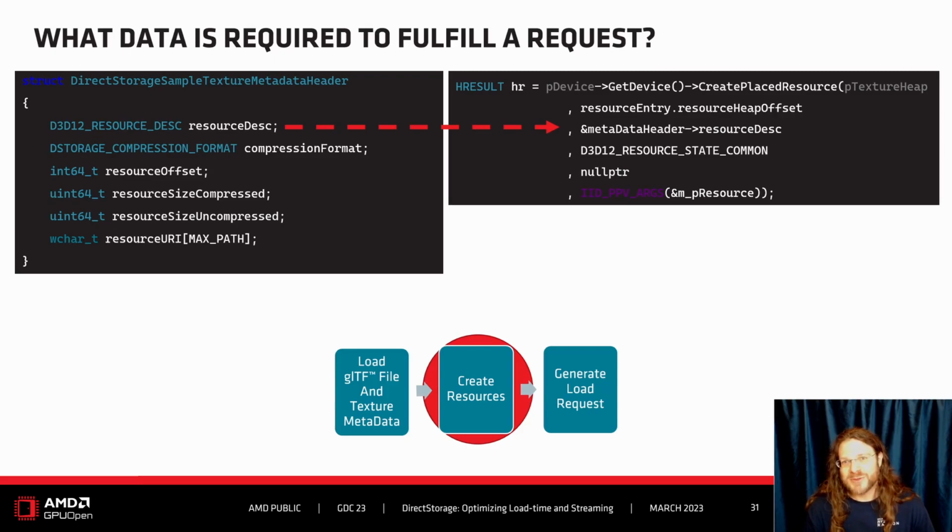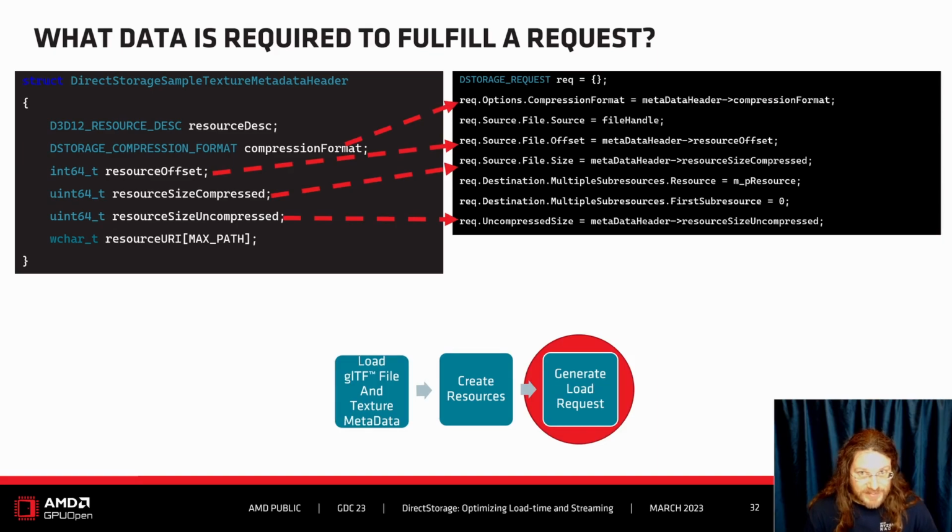The create place resources function takes, for example, a resource desc and the starting state and the heap offset for where we're going to store the data once it has been uploaded. However, we also include the compression format, the resource offset on the disk, the resource size, which is compressed and uncompressed, as well as the resource URI, so that we can have that along for the ride when we go to make the request to direct storage, as you can see here.